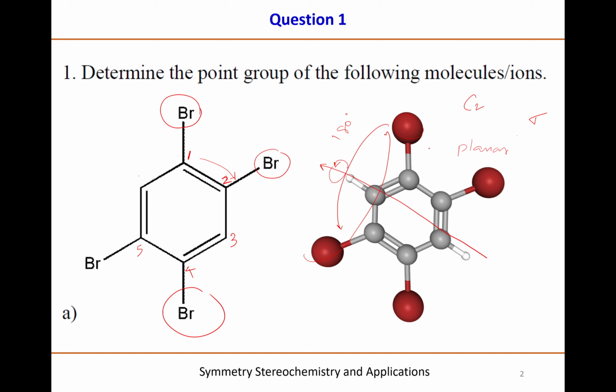Okay, the next symmetry element we have to find out here is the subsidiary axis. So listen here. First of all, we have two types of symmetry axis. One is the principal symmetry axis, and the second one is the subsidiary. What is the principal symmetry axis and what is the subsidiary symmetry axis? Talking about the principal one, it is the axis with the maximum number of folds.